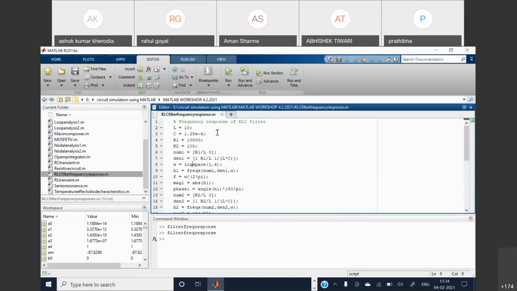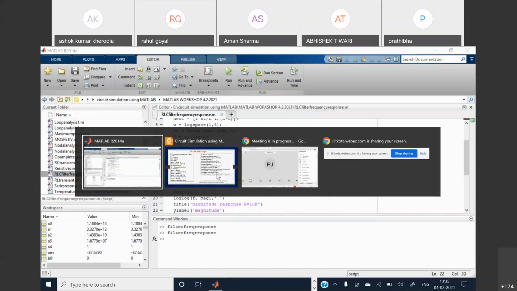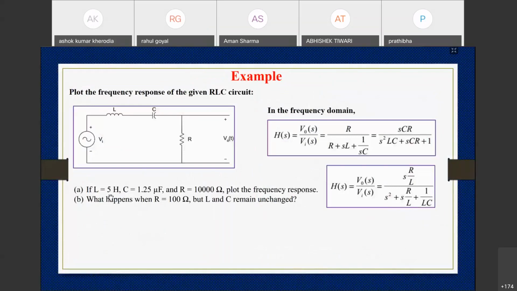It will give you the x-axis from 10 to the power 1 to 10 to the power 4. Then I computed the frequency response using the keyword freqs, numerator, denominator, and W. Similarly, I computed phase and magnitude for the first one, and then the same for the second value, because in the question it is given that L equal to 5, C equal to 1.5, and R equal to 10 kilo ohm, we have to plot the frequency response.